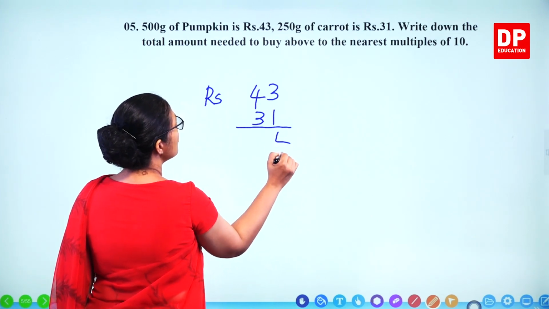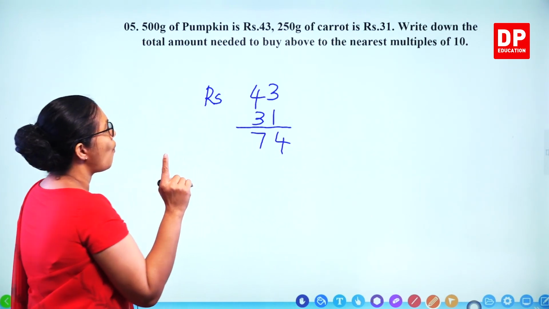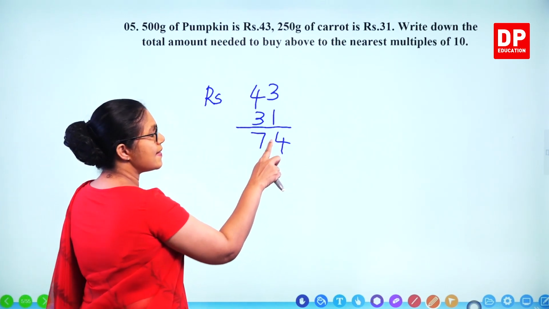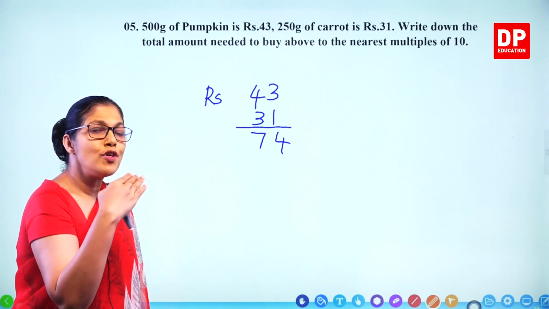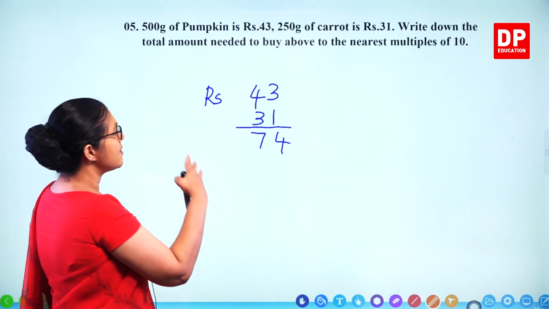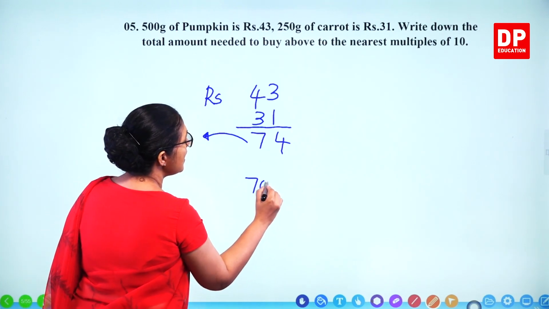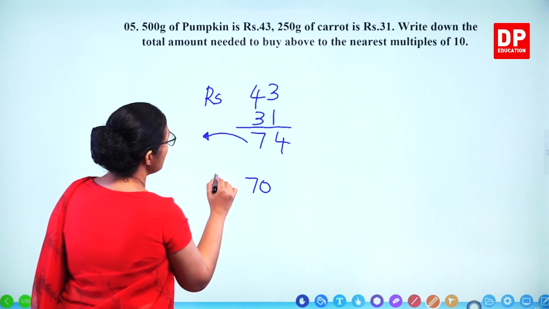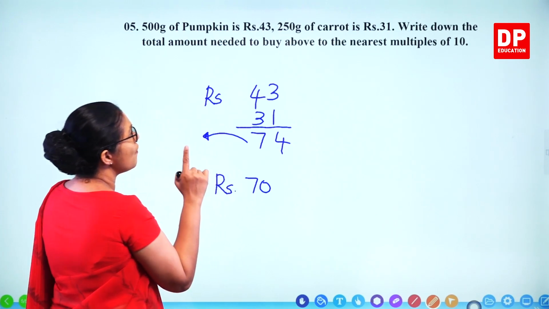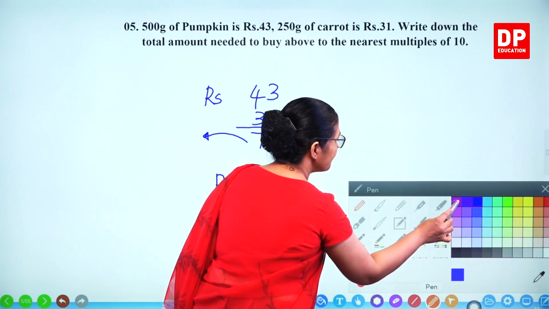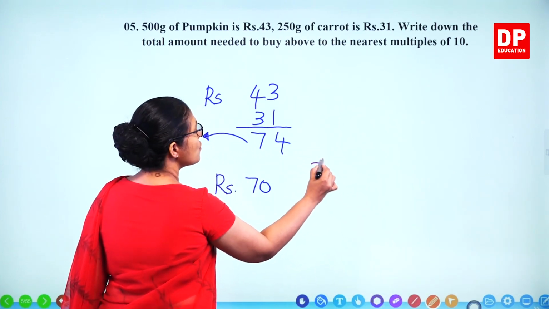When you add it, you get 74. 74 to the nearest multiple. Now here 4 is there. If it's 5 or above, you round it up. So this is 74, so you round it down. So 70 rupees is the estimated value to the nearest multiple of 10. 2 marks.